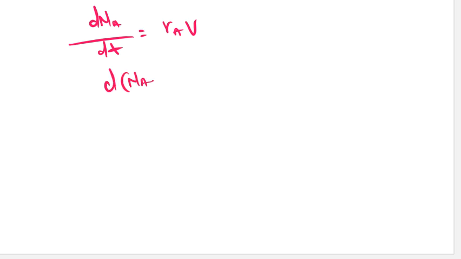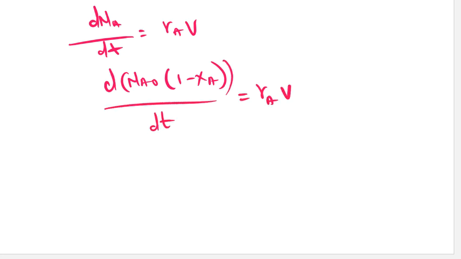So Na naught times 1 minus XA, dt equals RAV.